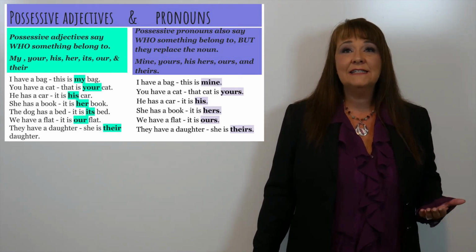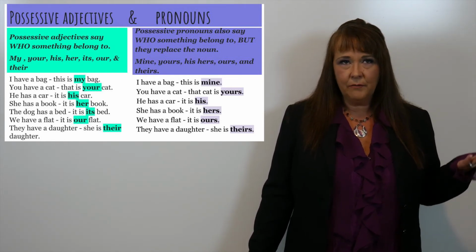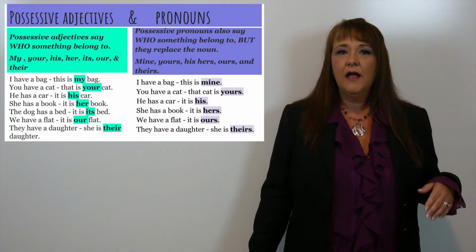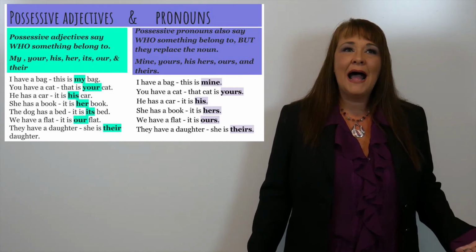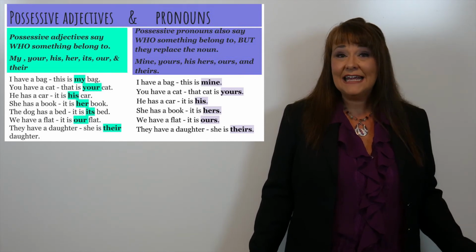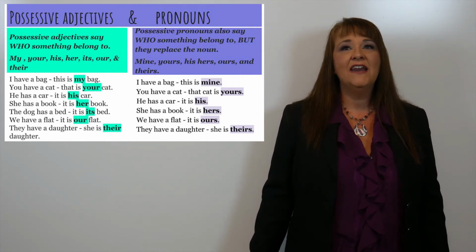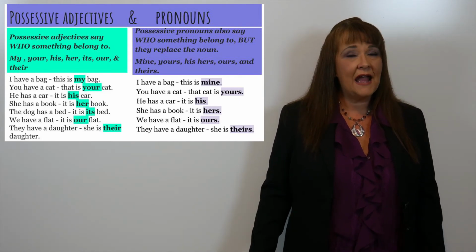A possessive adjective says who something belongs to. Examples of possessive adjectives are my, your, his, her, its, our, and their. And they're used to describe the noun.